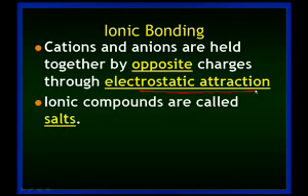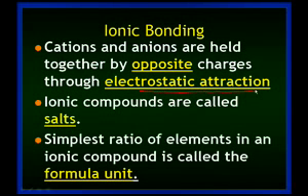Okay. When you have ionic compounds, the generic term for them is salts. We're used to thinking of salt as NaCl, sodium chloride, that's table salt that you sprinkle on food and use while cooking. But pretty much any ionic compound is a salt.